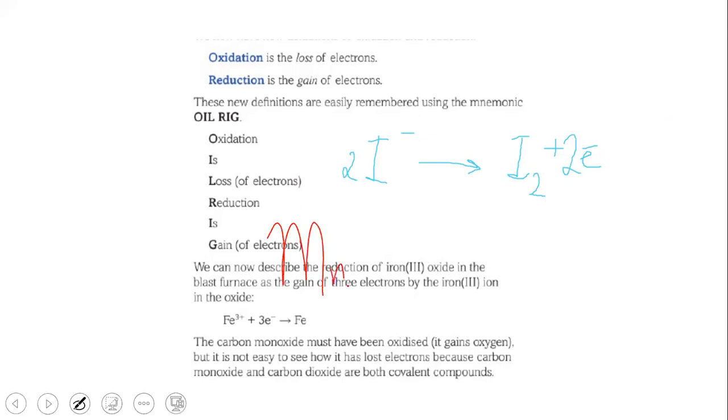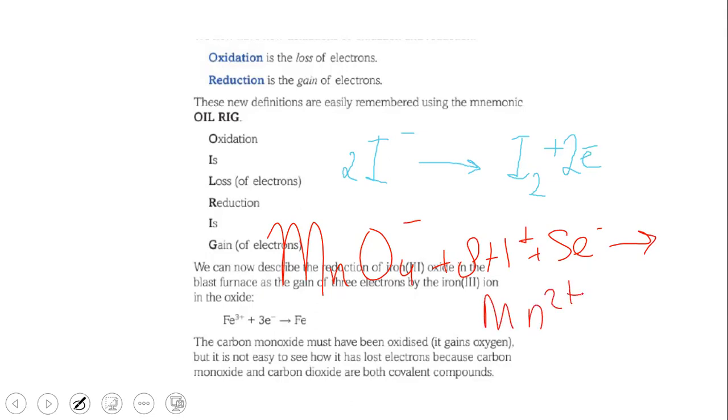Let's say we have manganate ions, MnO4 minus. This MnO4 minus is actually gaining electrons, and it is giving you Mn2+ and 4H2O. So this is your equation for oxidation. This is your equation for reduction.